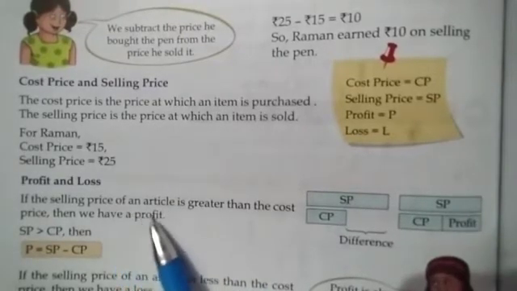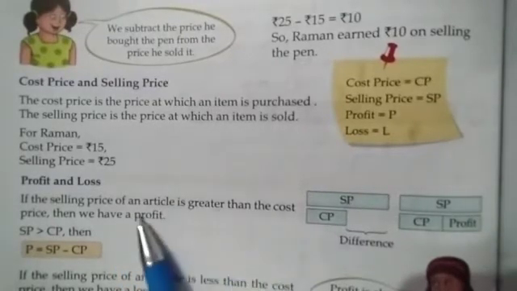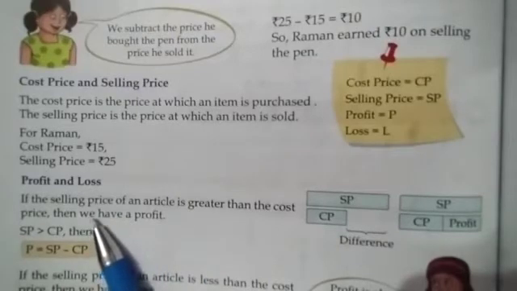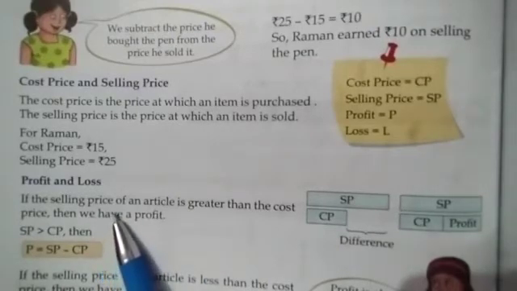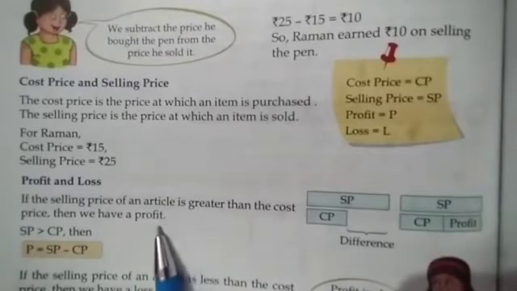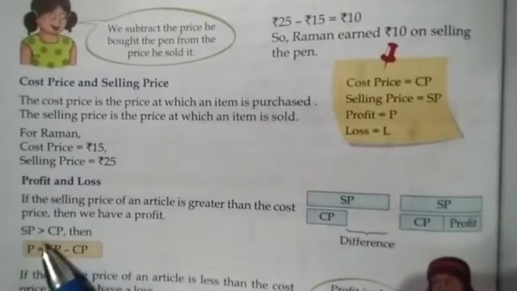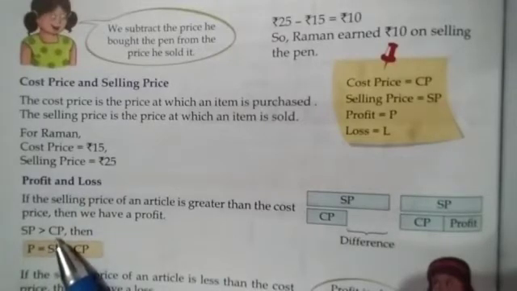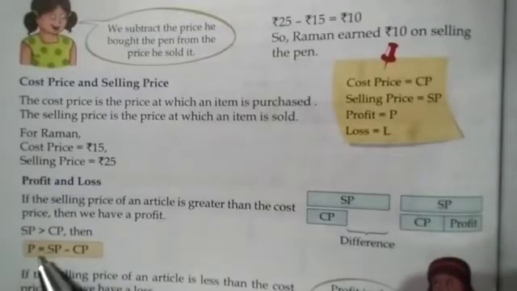If the selling price of an article is greater than the cost price, that is, selling price is more than the buying price, then we have a profit. That is, SP is greater than CP, then we get profit. The formula is profit equals SP minus CP.